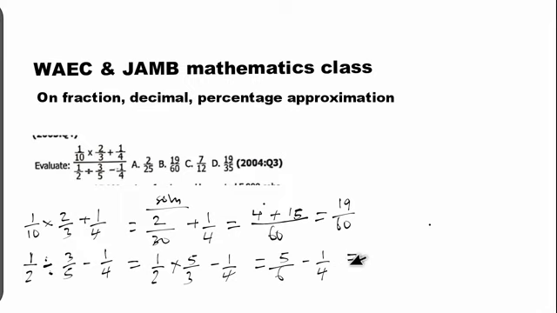So it will be equal to, now what you have to do here is find the LCM. We have two fractions separated by minus, so we find the LCM of the denominators. The LCM of 6 and 4 is 12, right? So how many 6s can you see in 12?